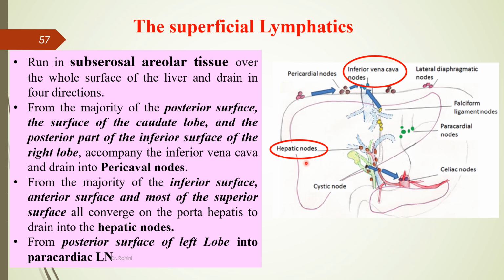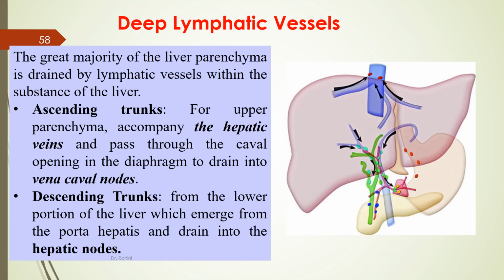And the posterior surface of the left lobe will go to the nearby pericardiac lymph nodes. So this is how we have 3 groups you can say. Ultimately the subserosal areolar tissue drains into vena cava lymph nodes, hepatic lymph nodes, and pericardiac lymph nodes.